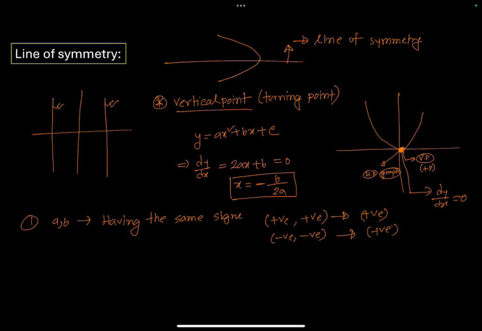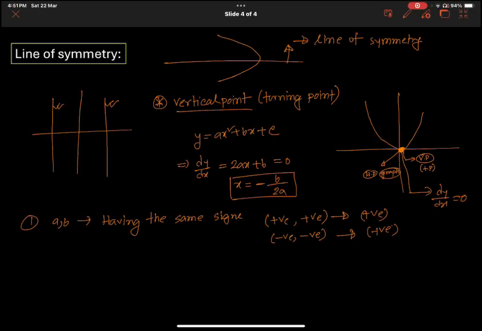So if a and b have the same sign, then b divided by a is always positive. As we can see, the sign of x is negative. So if b by a is positive, then x is always negative. That means the graph is situated on the left side of the x-axis. The graph will be this or this.